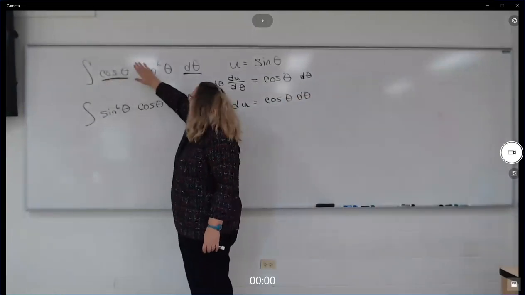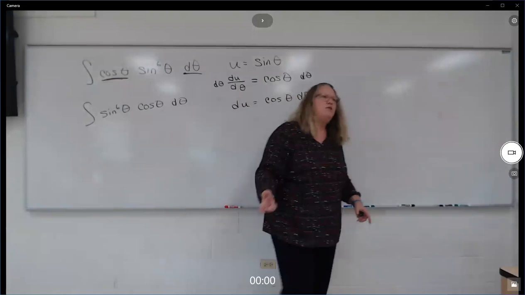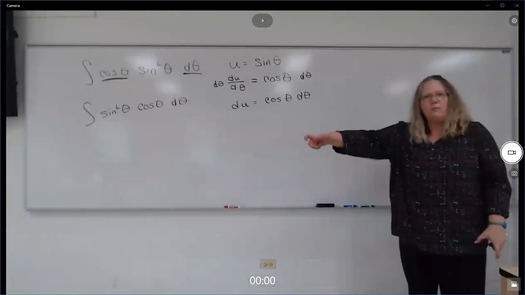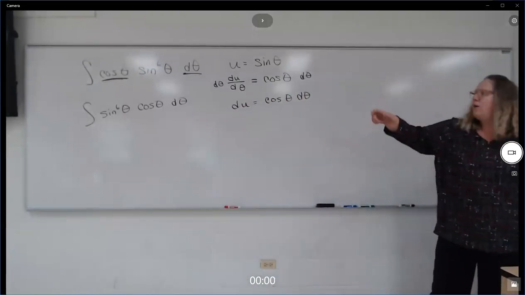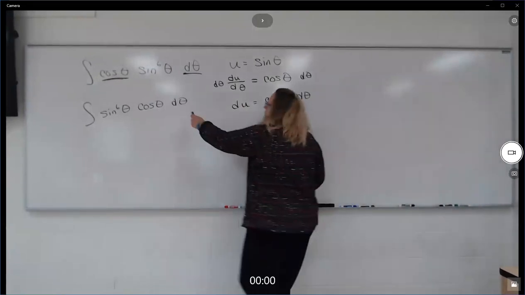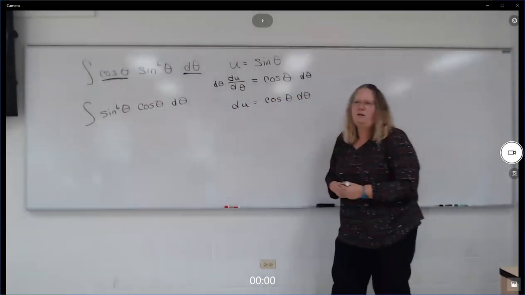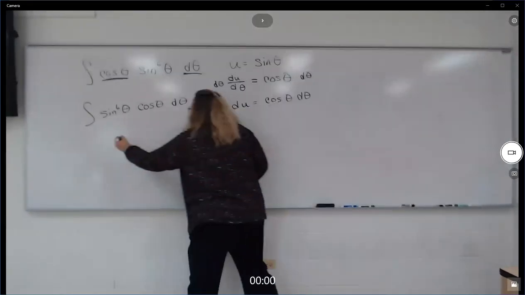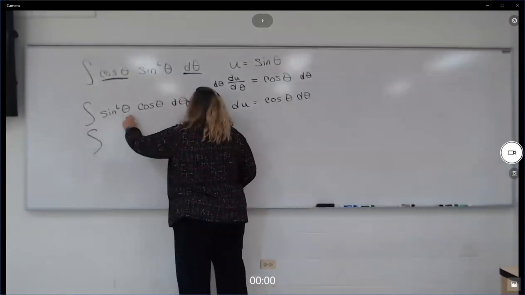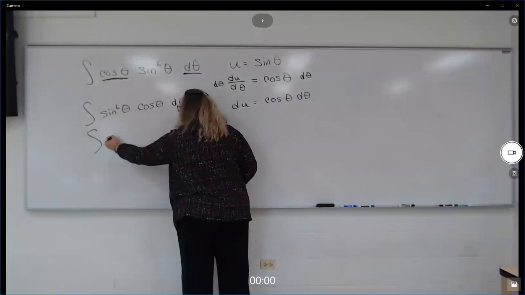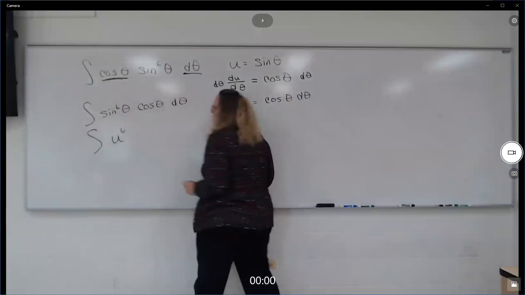A lot of times that middle piece is actually your u, because your smaller piece goes to the front, and then once the middle becomes the u, I like to rewrite this together. The stuff I haven't touched yet, this sine to the 6th, is going to become u to the 6th.